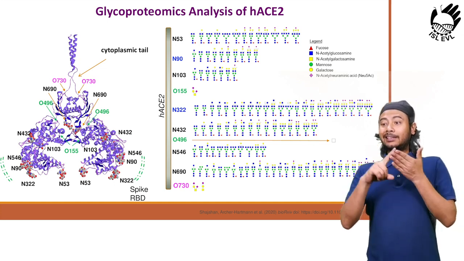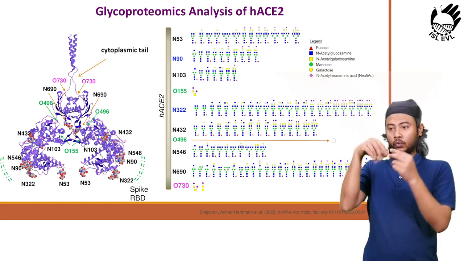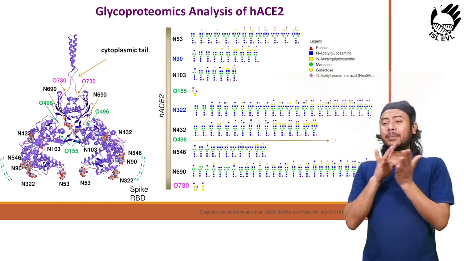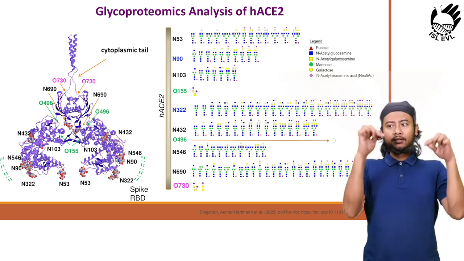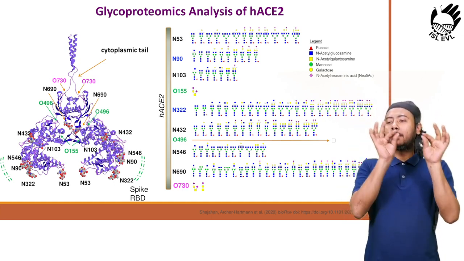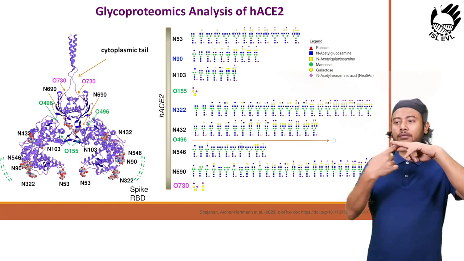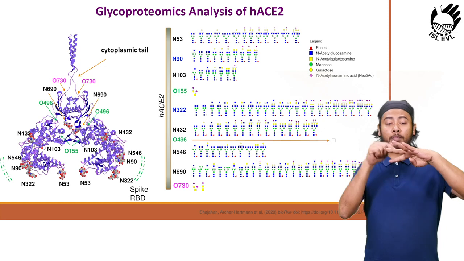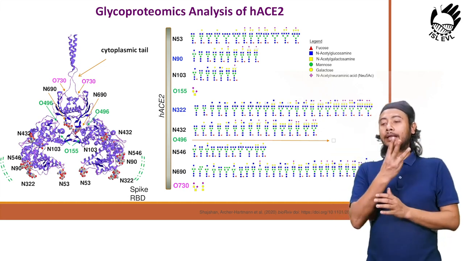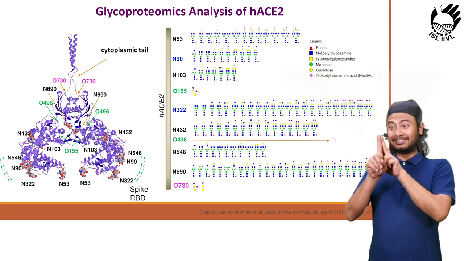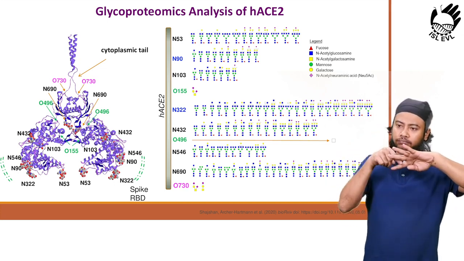As I discussed earlier, the angiotensin converting enzyme is a dimer attached together, and there are a lot of N-glycosylations on it, and the spike protein binds to one particular region of the enzyme. So the glycosylation at sites N90 and N322 is most critical for spike protein binding.